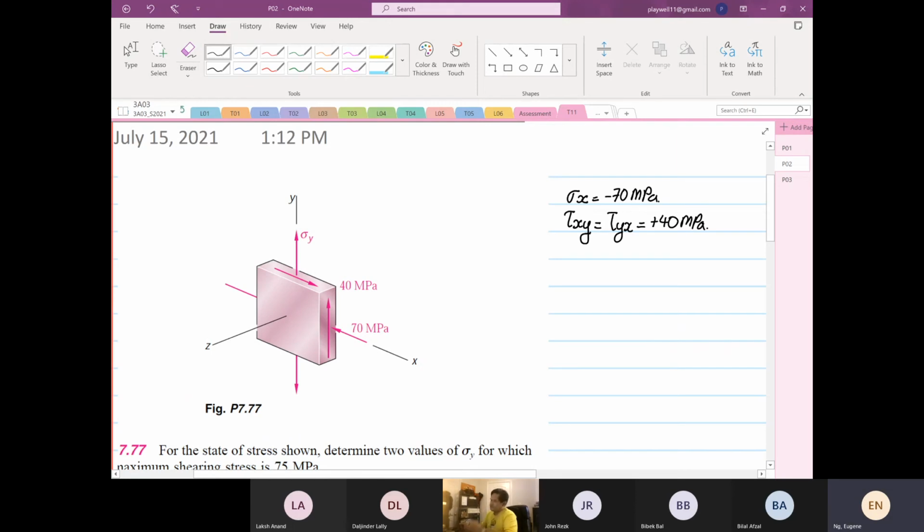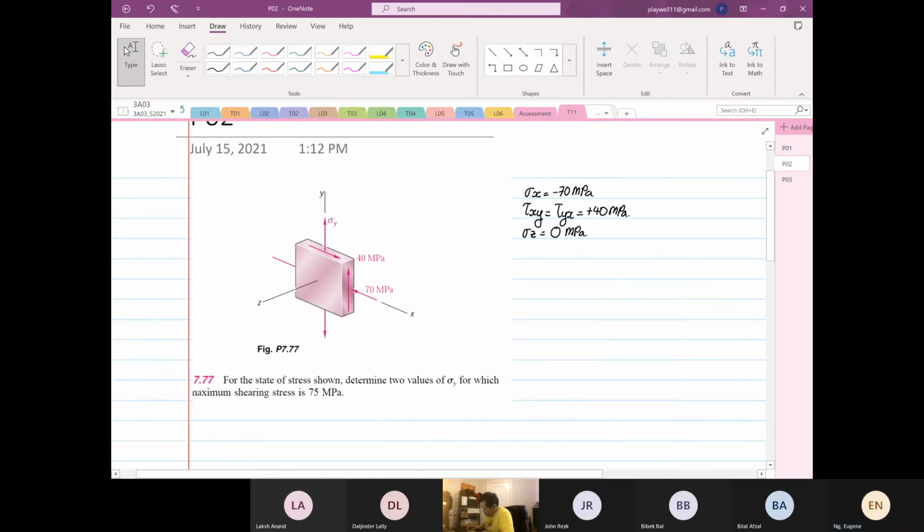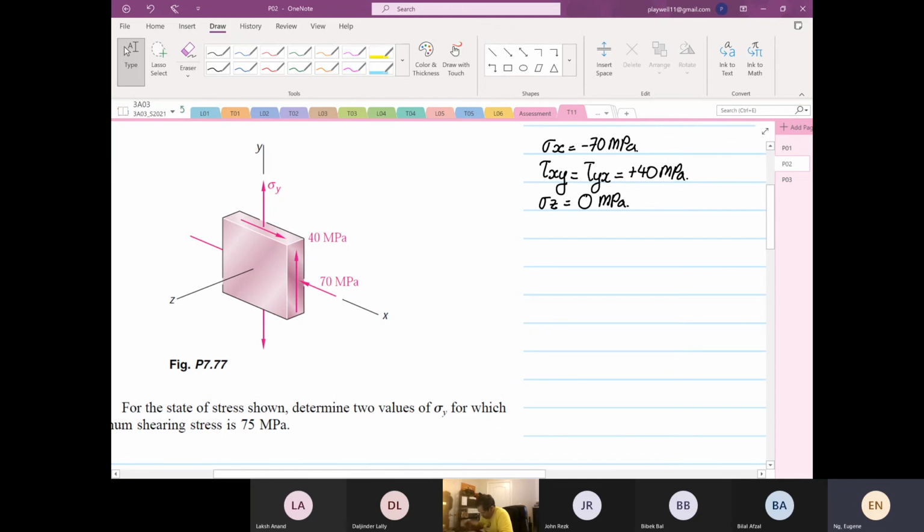Whether positive or negative shear does not really matter at all. And we are given that stress Z is equal to 0 megapascal. So at the end of the day, we have to construct a 3D Mohr circle for this problem, not just by doing 2D. We have to be able to solve 3D.